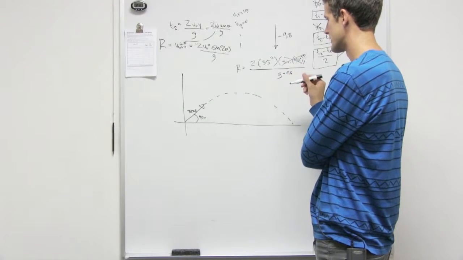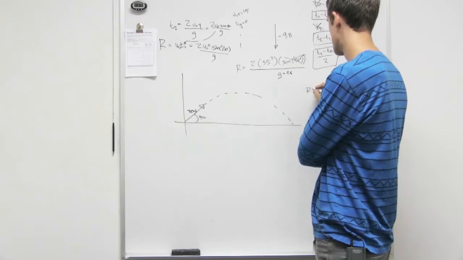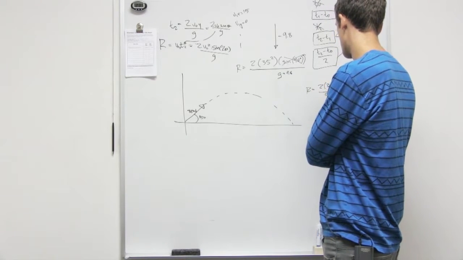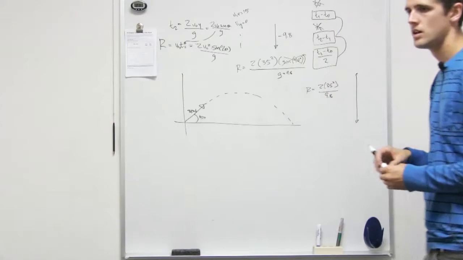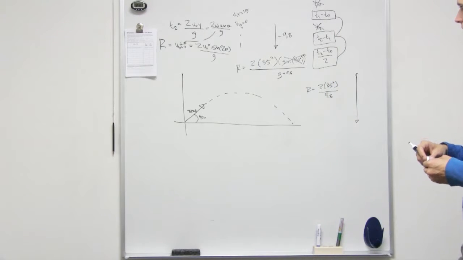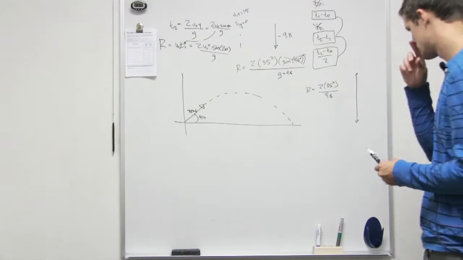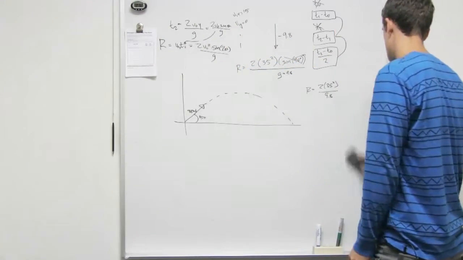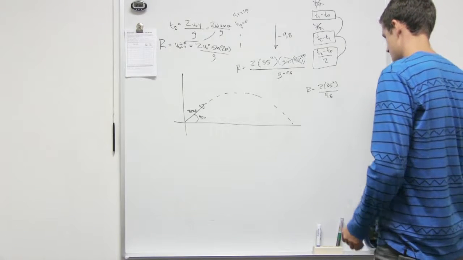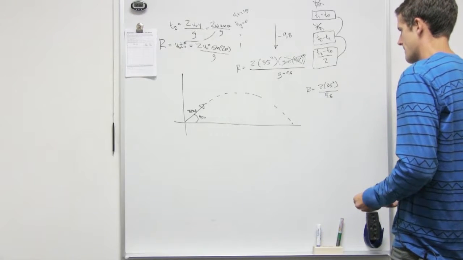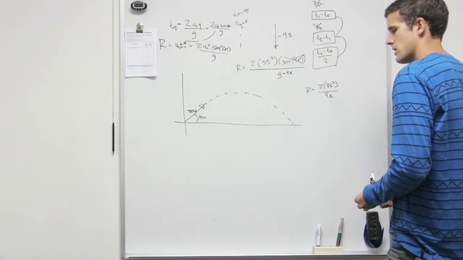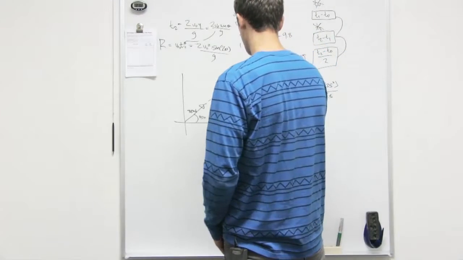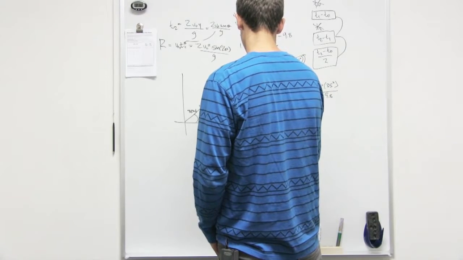So the range is going to be equal to 2 times 35 squared all over 9.8. 250. Yeah, so if you shoot something, it goes 250 meters.